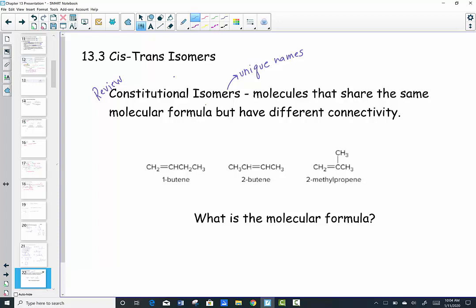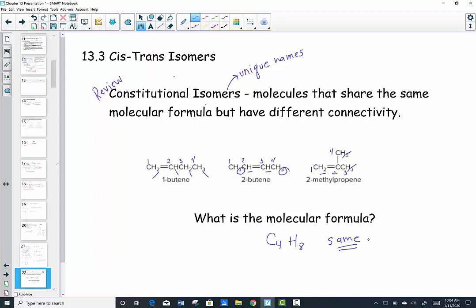So for example, each of these compounds in this example contain 4 carbons. They contain 4 carbons and 8 hydrogens. They have the same molecular formula.